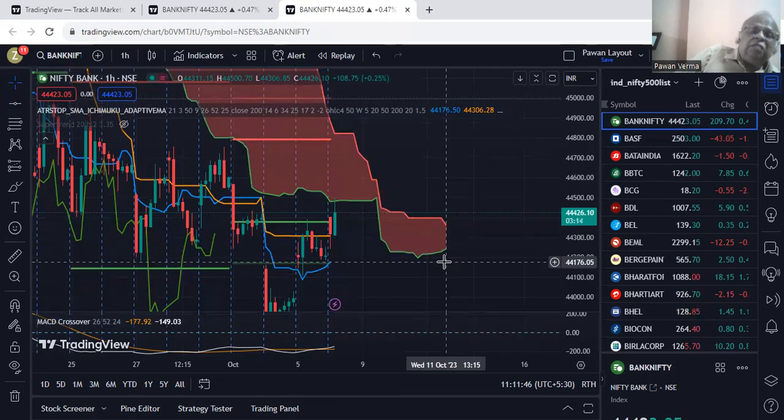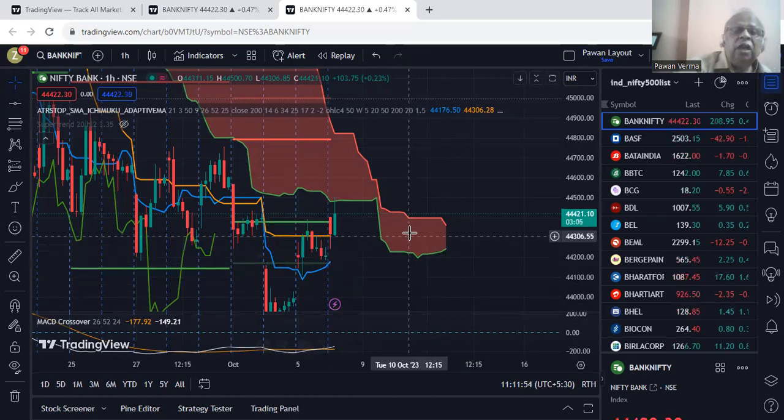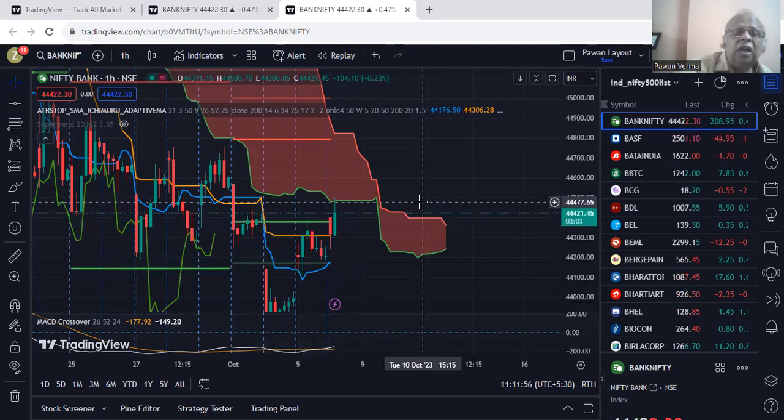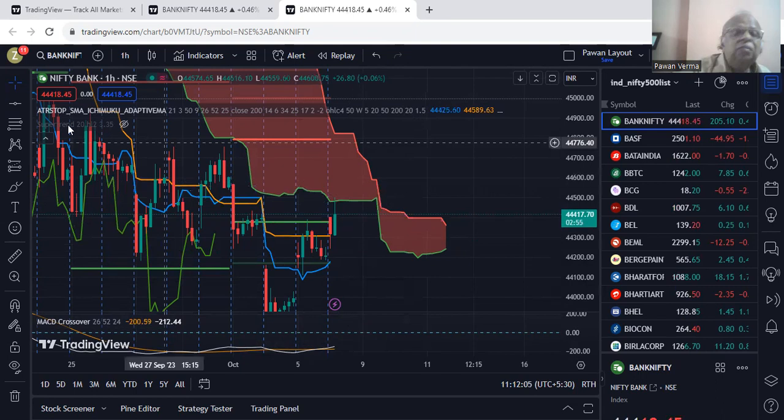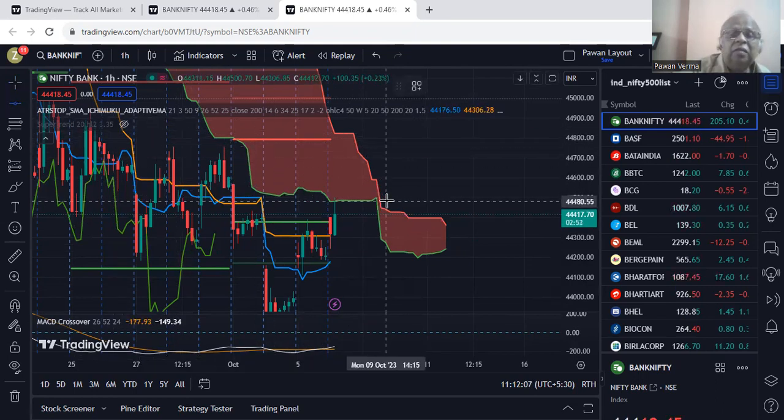This gives the confirmation that short-term buying has started, and the same can continue to the level of 44,477. This is the first target.